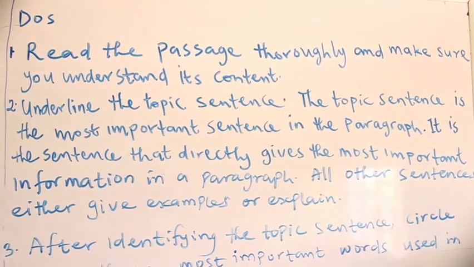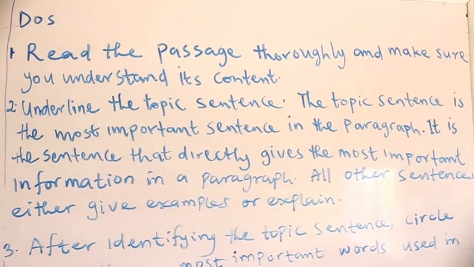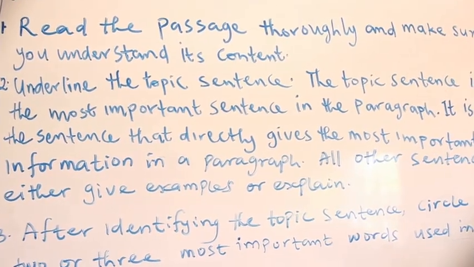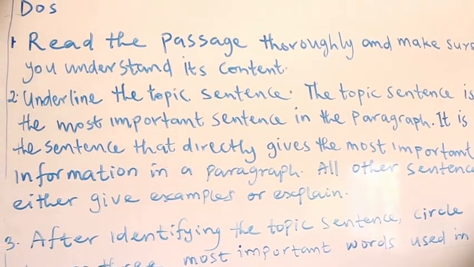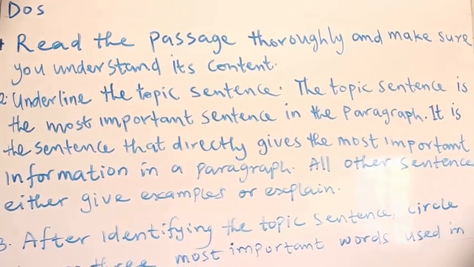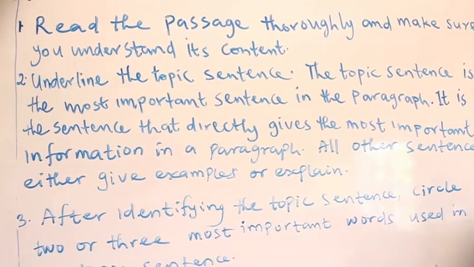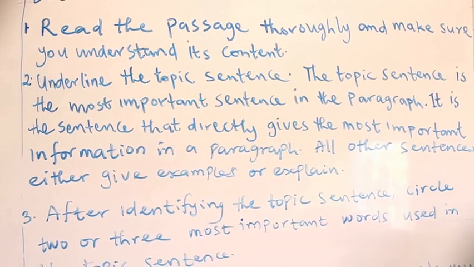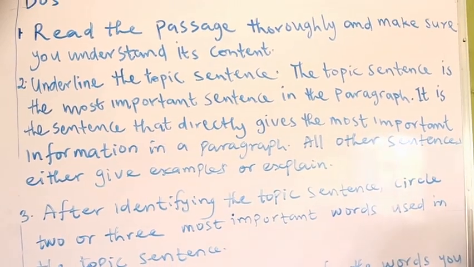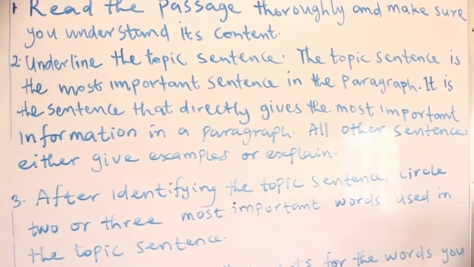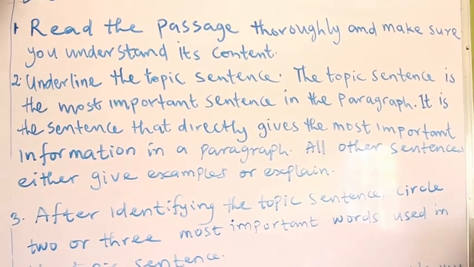Now, what do we mean by the topic sentence? The topic sentence is the most important sentence in a paragraph. It is the sentence that directly gives the most important information in a paragraph. Some passages are structured in such a way that there is a topic sentence in a paragraph. You'll find at least one topic sentence in one paragraph.